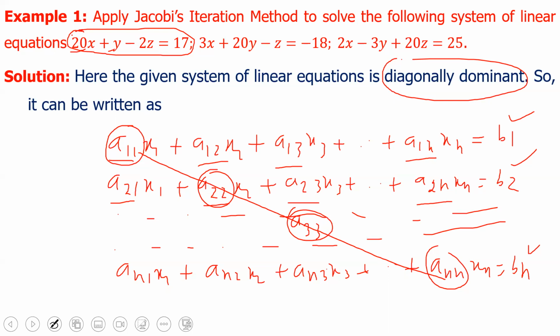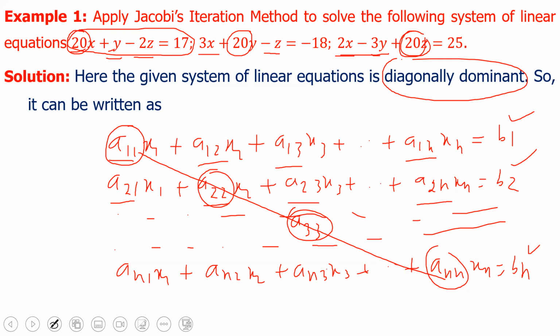Just look here, A11 is 20, A22 is 20, A33 is 20. And the remaining two terms in the first equation are 1 and minus 2, which are very small compared to 20. Here 3 and 1 are also very small compared to 20. Here 2 and 3 are also very small compared to 20. So this is called diagonally dominant.